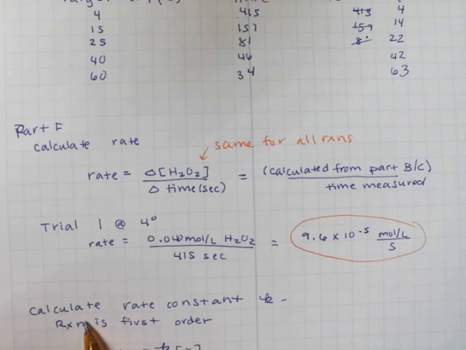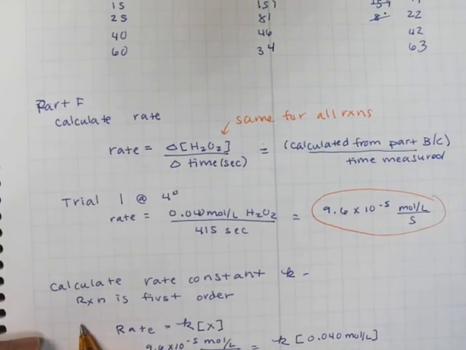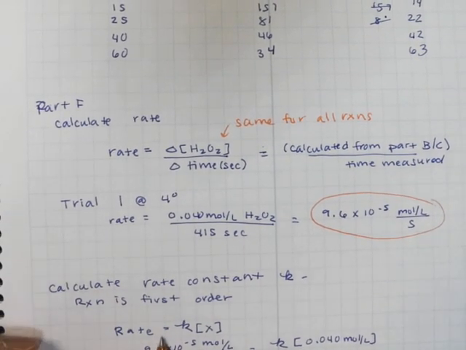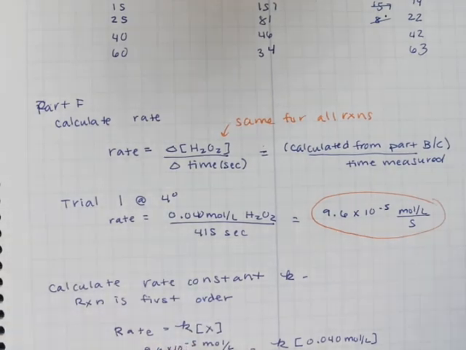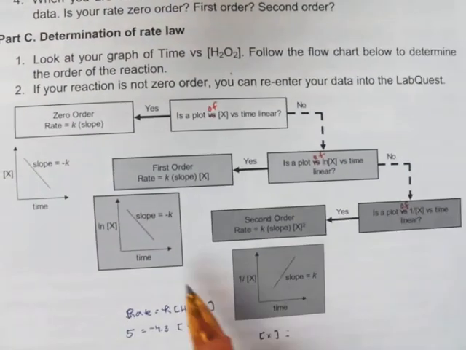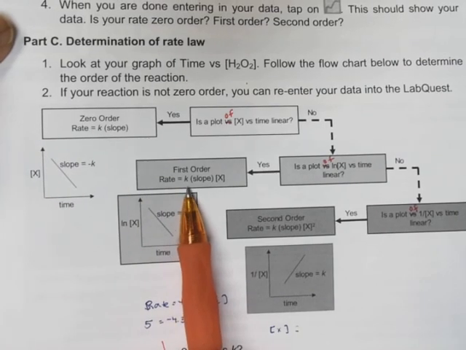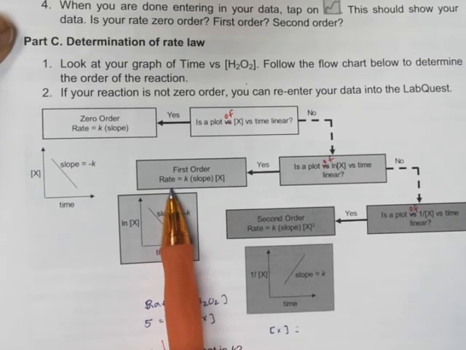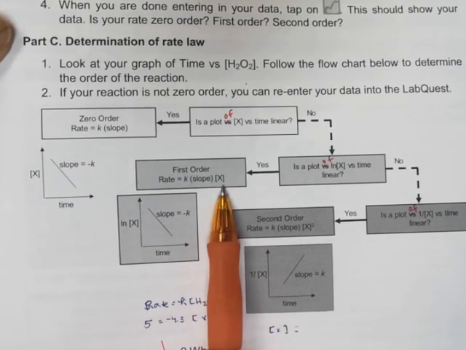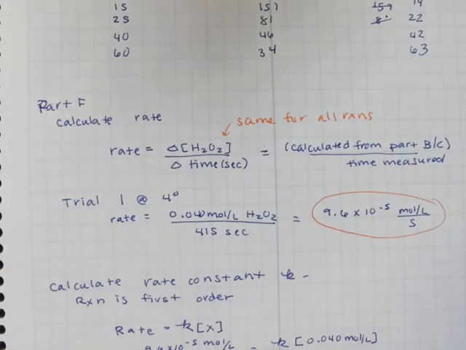And then you can calculate the rate constant K using the equation from, again, the bottom of page 30, which is here. The rate equals K times X. So we know the rate, we're trying to get K, and then we know what X is.